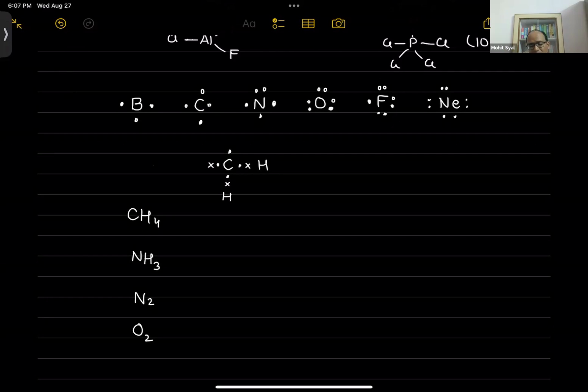By overlapping, a chemical bond has formed, and the carbon has attained 8 electrons, thus completing the octet. Hydrogen has attained a duplet.